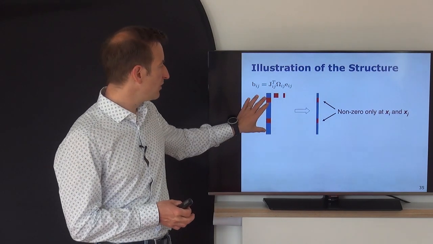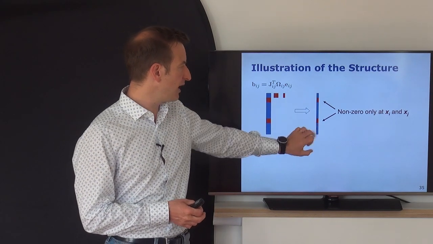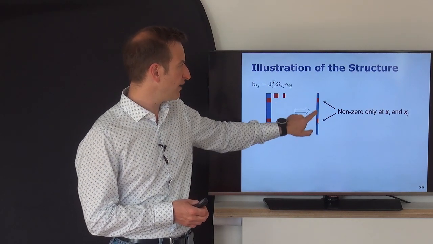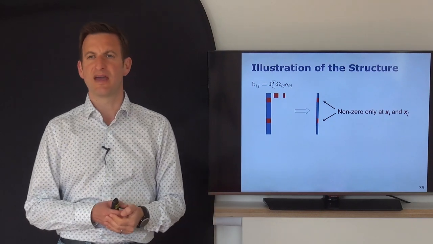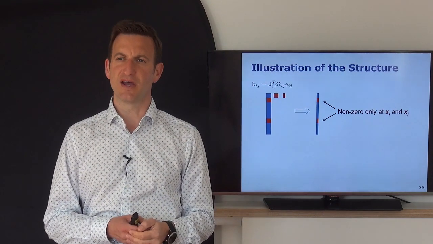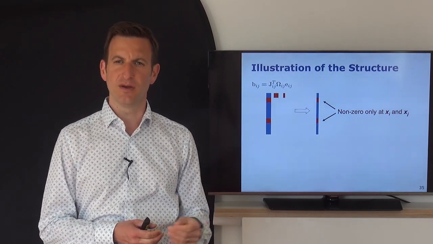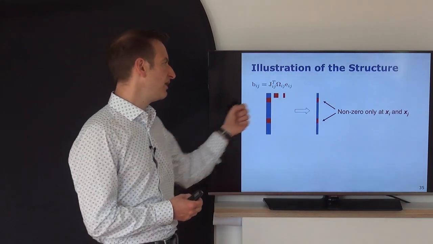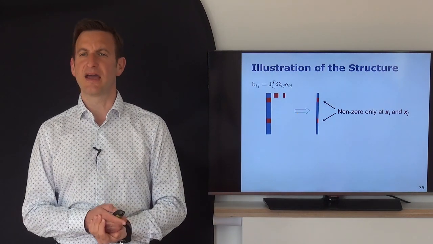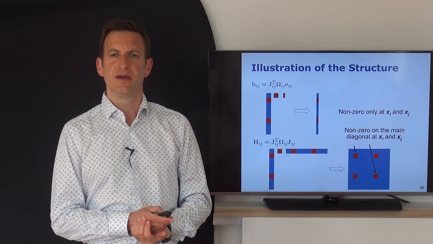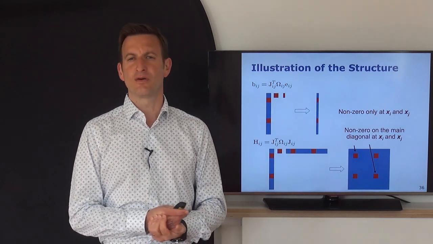Multiplying this leads to a vector which is 0 everywhere and has non-zero elements only at the blocks referring to xi and xj. So for one constraint, this vector b is actually sparse. Something very similar holds for my H matrix.